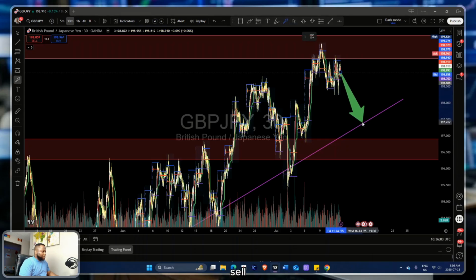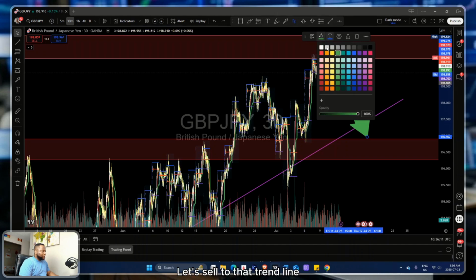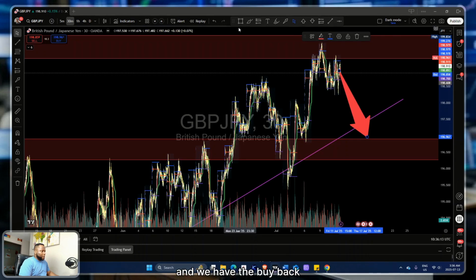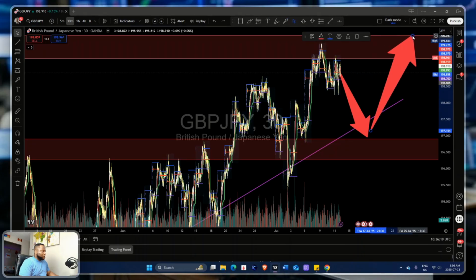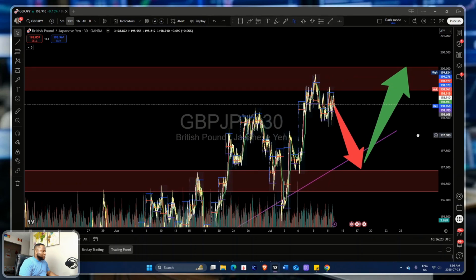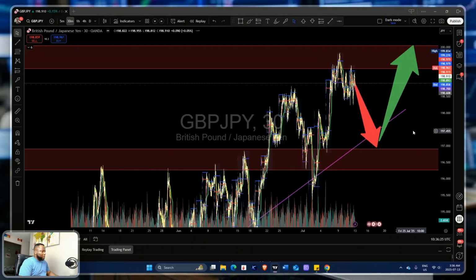Here, sell, or maybe all the way down here. You can drag that here, okay? And we have that sell to that trend line, and we have the buy back this way. And we can have the buyback to this area, 200 maybe, give or take.